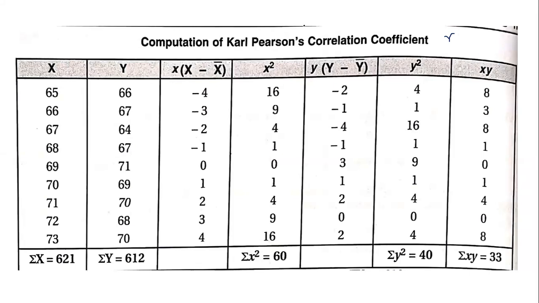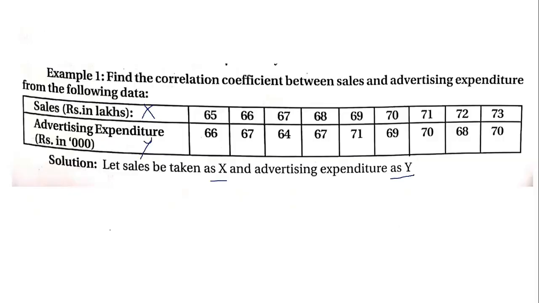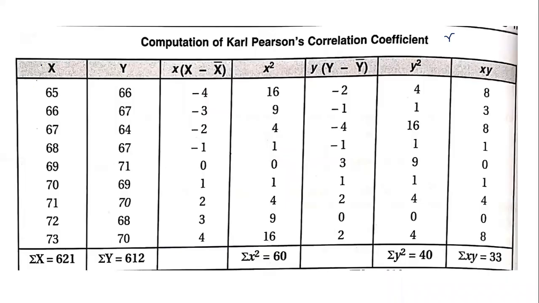Whatever data you had in the question, this data of X as well as Y, is to be copied down in the column here. So X is sales and Y is expenditure.